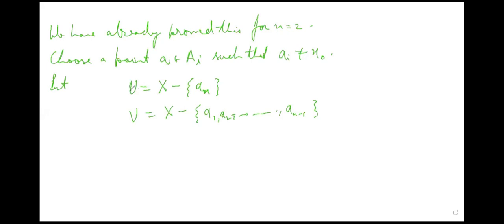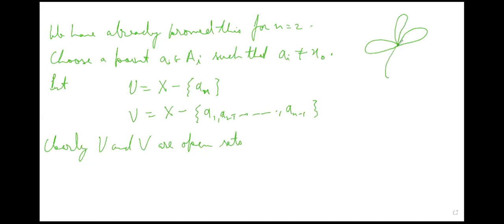So U and V are open sets. Suppose this is your An, and this is An minus 1, this is A1, then A2, and so on. Here you can choose a small an minus 1, here you can choose a1.